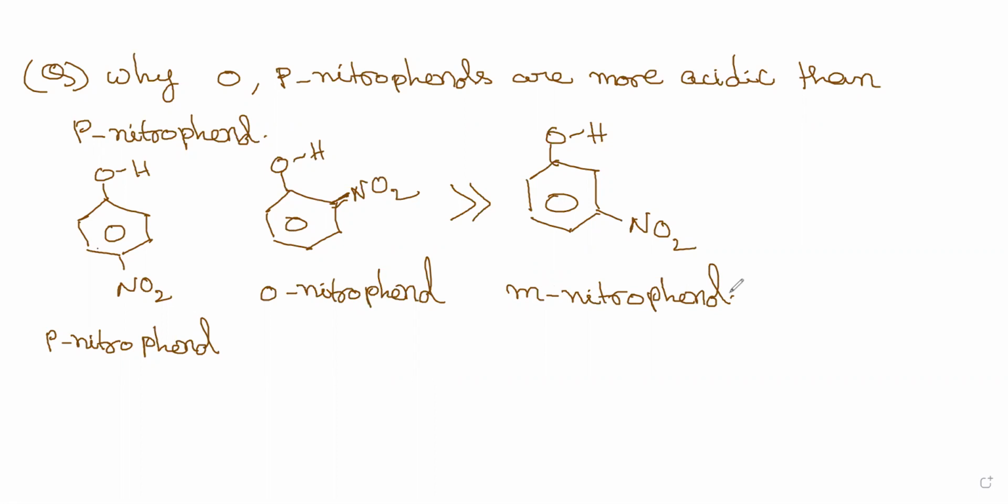The question is: why are ortho-nitrophenol and para-nitrophenol more acidic compared to meta-nitrophenol? The answer goes like this.